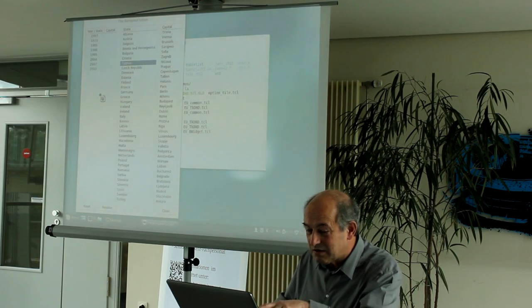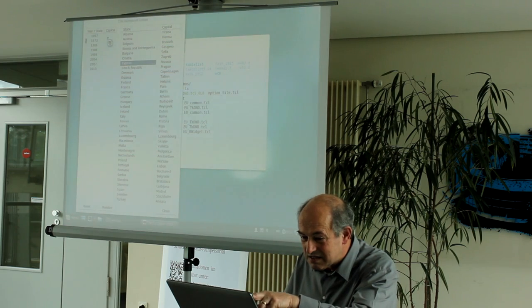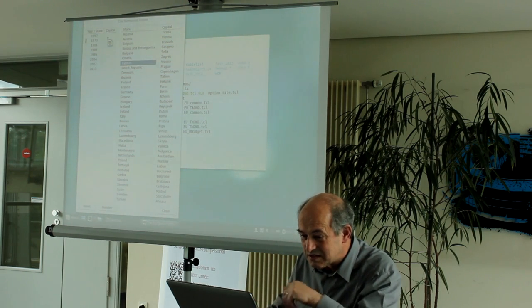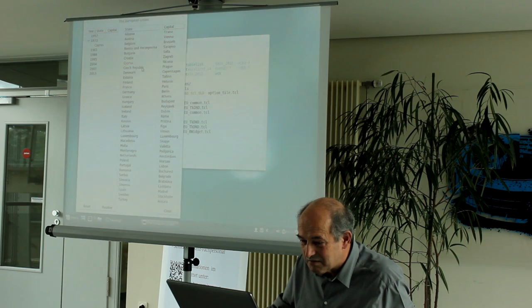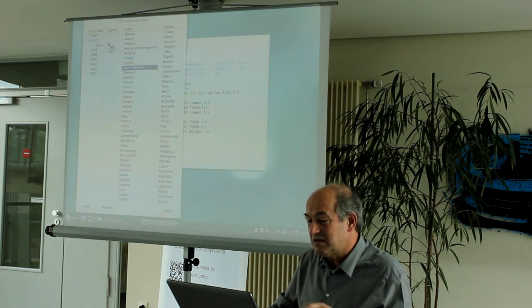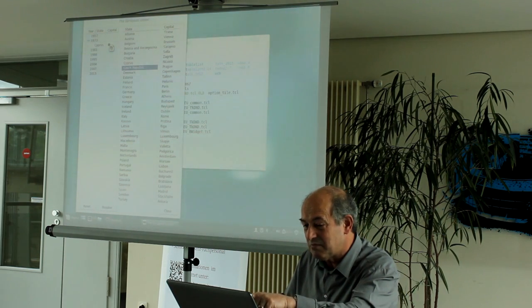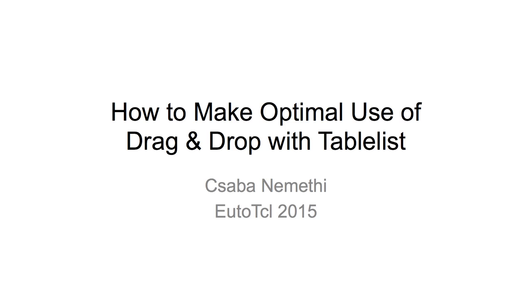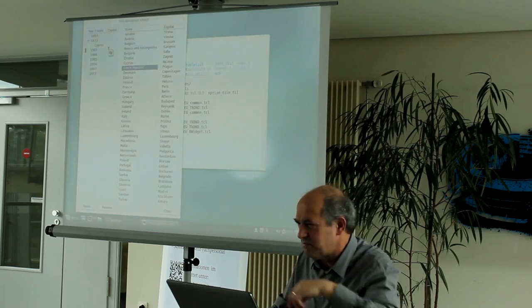So this is not accept, so reject. And this is now accepting. This is the shape of the cursor. This is accepting, and this is now rejecting. In this case, the cursor has the name dot. This is a built-in cursor of Tk, and this is the built-in one with that complicated name.